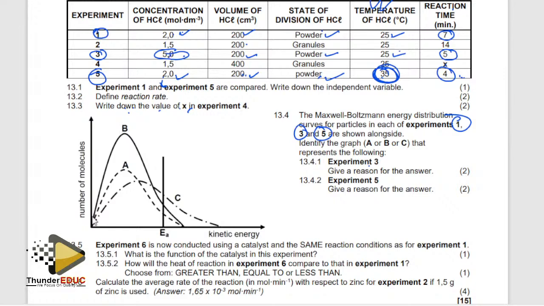So this shows that it has a high concentration. You understand? It has a high concentration. So this one becomes experiment 3 because of the high concentration here. Is it clear? It has a lot of particles in the reaction, but the number of particles which are reacting to form products are not that many. The reaction is not that fast, you see. So we have got it.